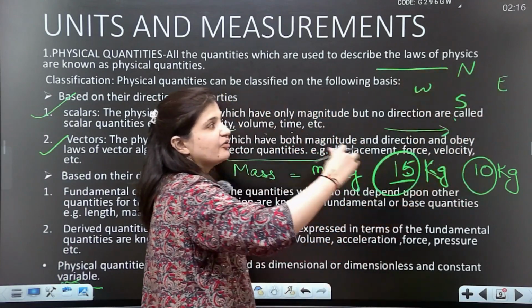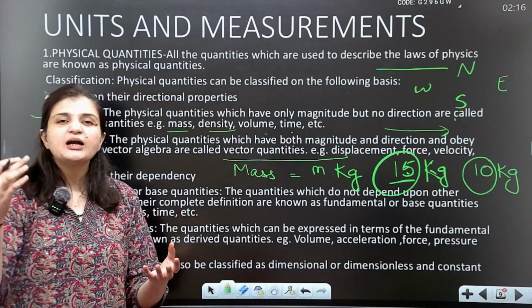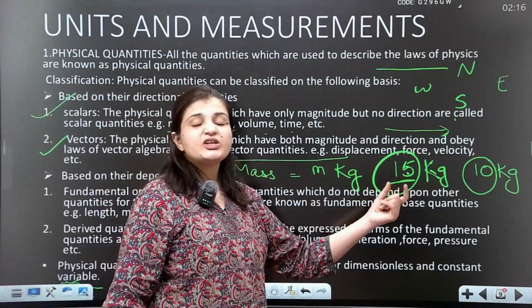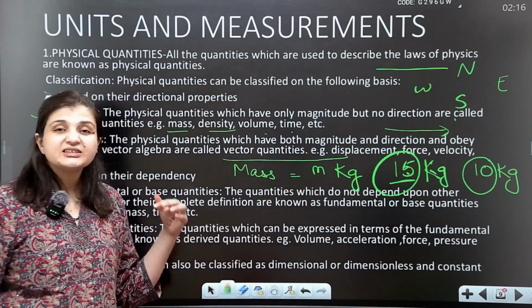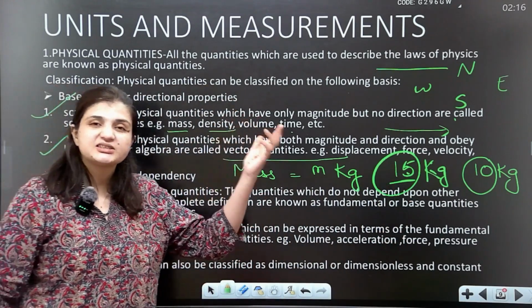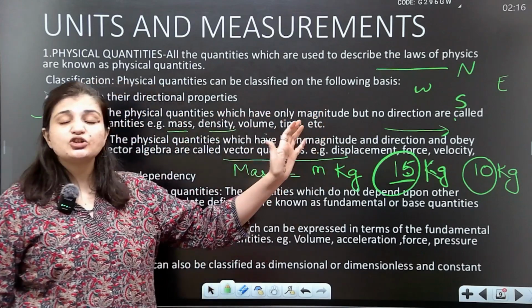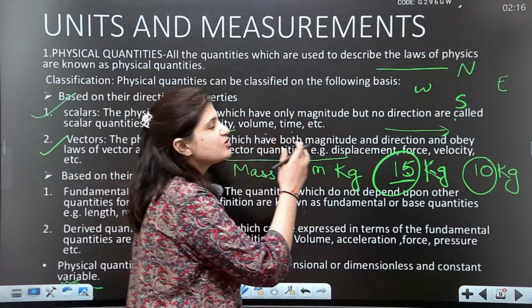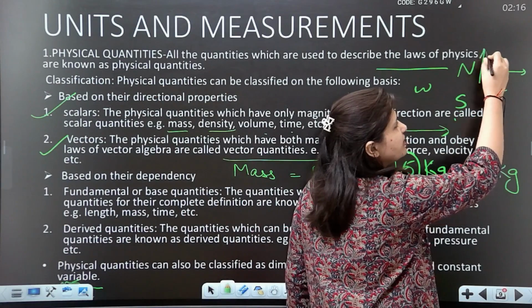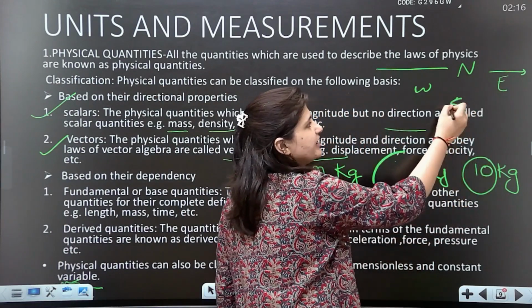So when we are talking about its quantity, we are also talking about its direction. When we are talking about its direction, in which direction the object is going, either it is going east, north, south or west.